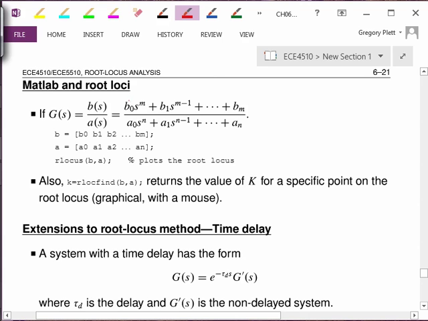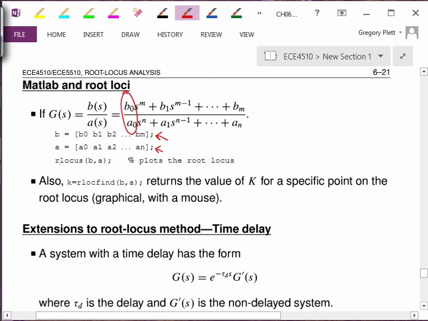I can enter in the numerator, think about it as this rational polynomial, and I can enter the numerator coefficients into a vector and the denominator coefficients into a vector. MATLAB makes no restriction that this be a monic polynomial. It can handle the more general case where we have a general polynomial where these coefficients are not 1.